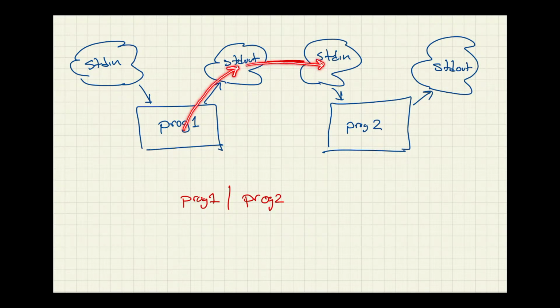That finds its way over to standard input of program number 2, and then winds up in the input of program number 2. So the greater than and less than signs are used to redirect input and output to a file, and the pipe is used to redirect standard input and standard output to another program instead of a file. How do you like that explanation?